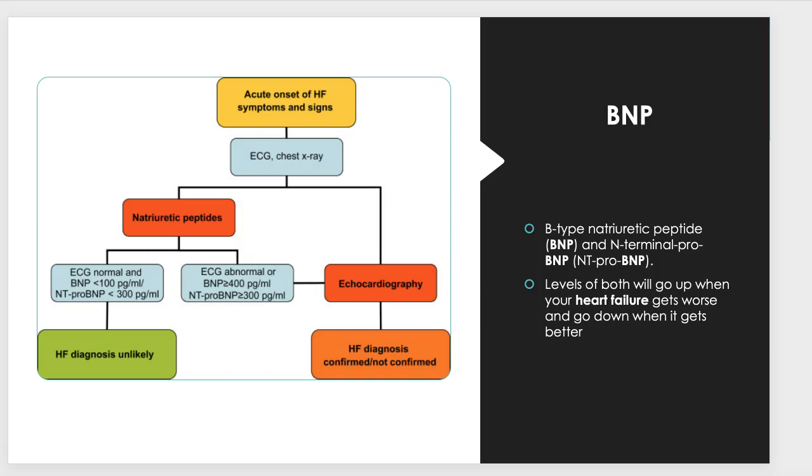The levels of BNP and proBNP will go up when a patient's heart failure is worse, and should go down when it is better. You need to have EKG, chest X-ray evidence of heart failure and an elevated BNP to truly state that a patient does have heart failure.